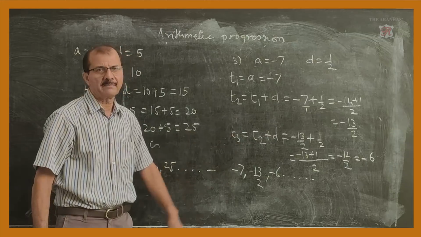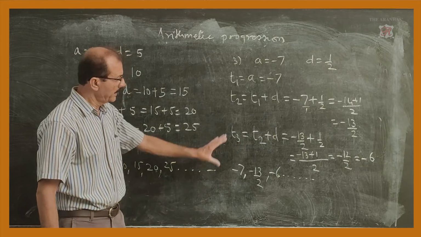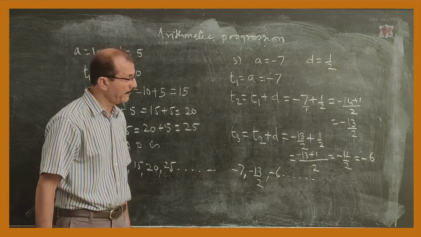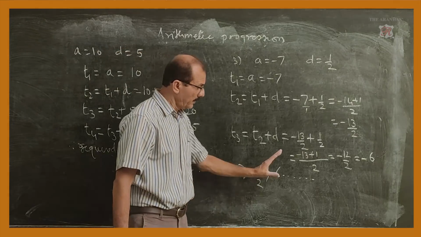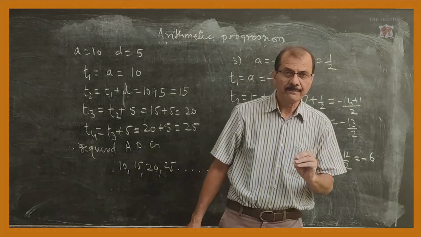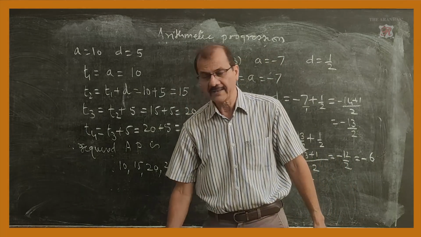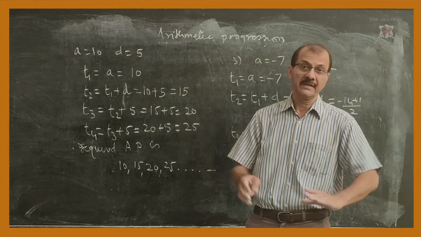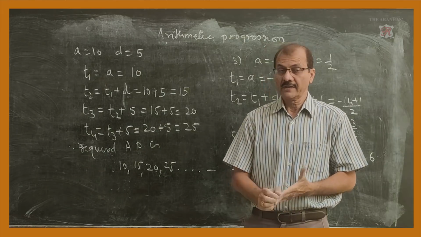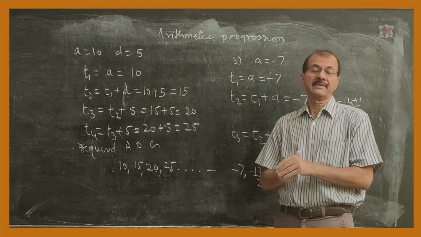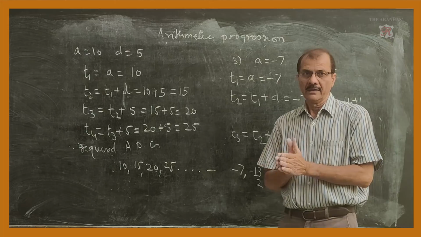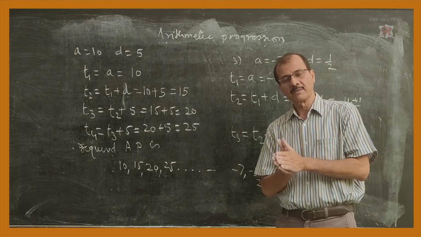These are 1 mark sums. I hope you understood this. Correct? So today we studied what a sequence is. A sequence is nothing but the arrangement of numbers in a definite order. After that, we saw what an arithmetic sequence is.